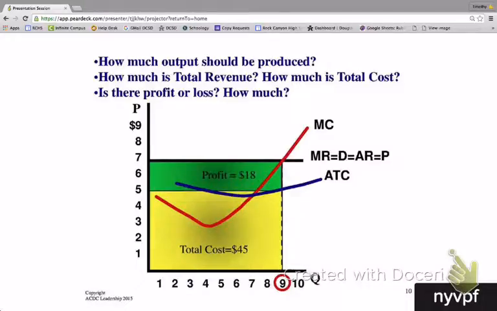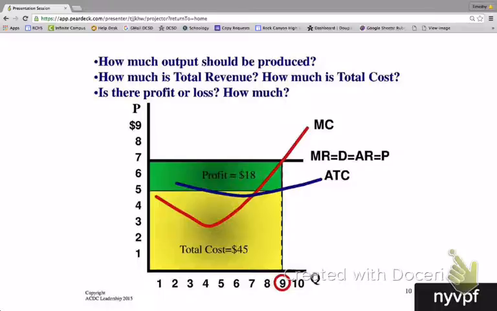And how much? Well, we can see in this example, the marginal revenue curve intersects the marginal cost curve at a quantity of 9 and at a price of $7. So we take that point, but now we have to figure out, okay, that our marginal revenue is $7, that's the price, but how much does it cost us to produce this?